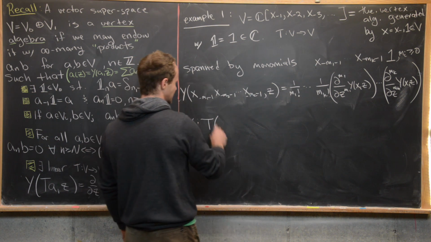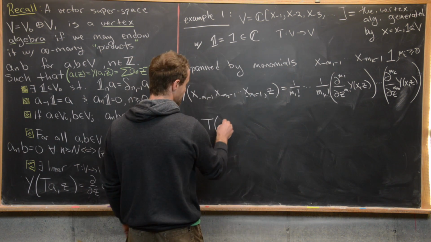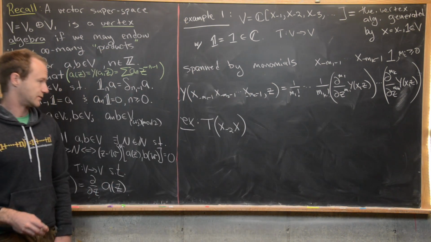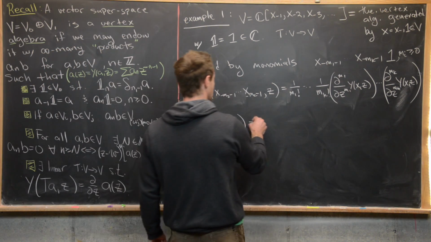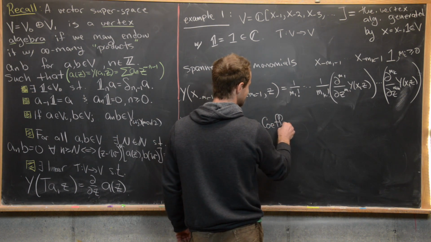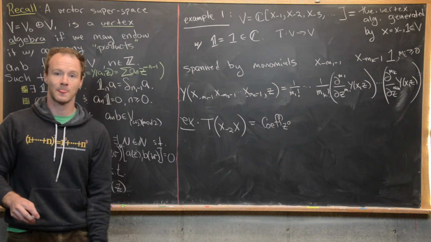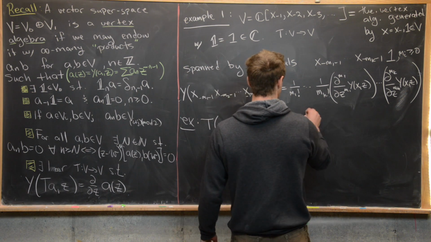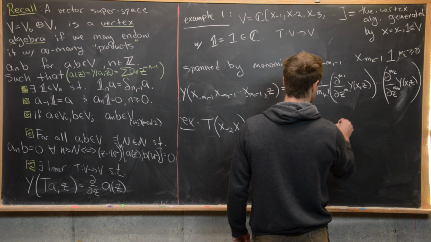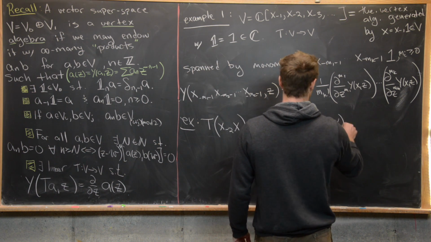So we want to find the translation operator of x sub minus 2x, for example. Let's notice that that is going to be the coefficient of z to the 0 in the vertex operator of the translation operator of x minus 2 x z.